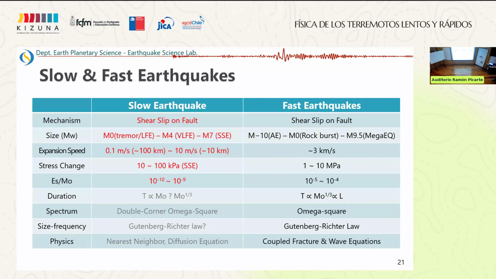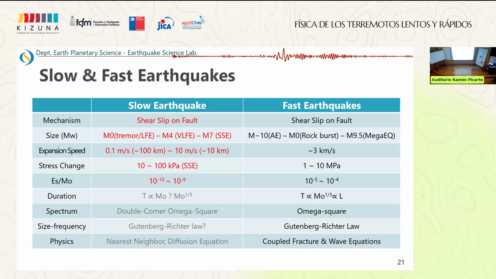Both phenomena are shear slip on a planar fault. The size can be different. Earthquakes can be very small, something like magnitude minus 10 is actually possible, and from magnitude minus 10 to magnitude plus 10, that is earthquake.